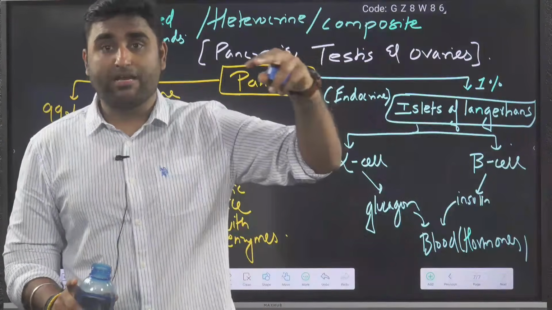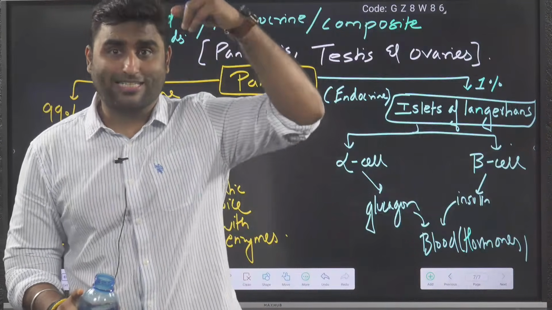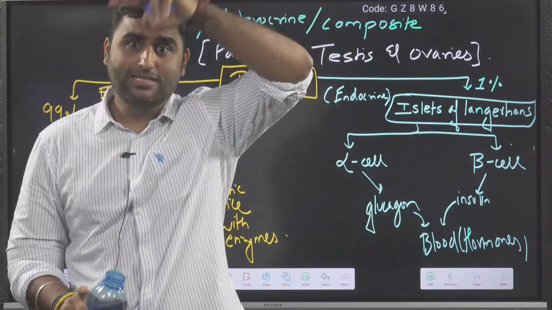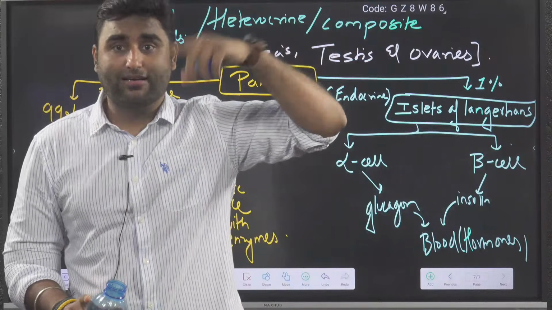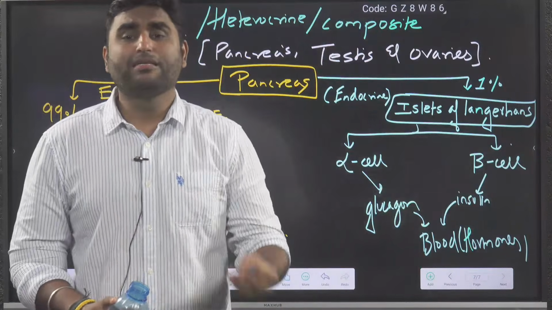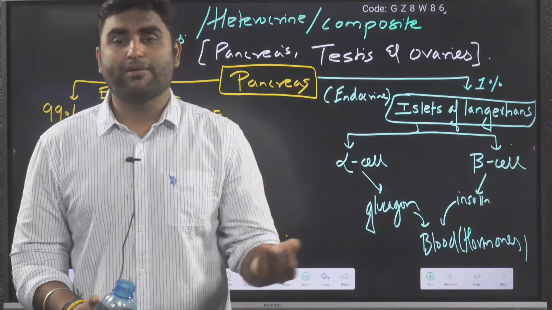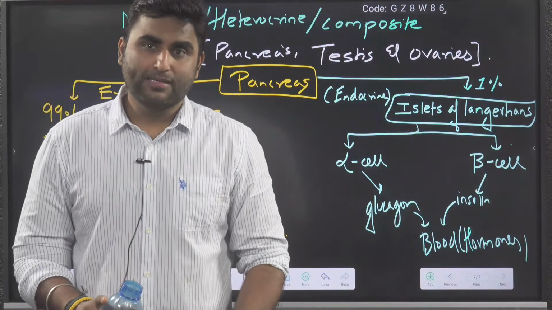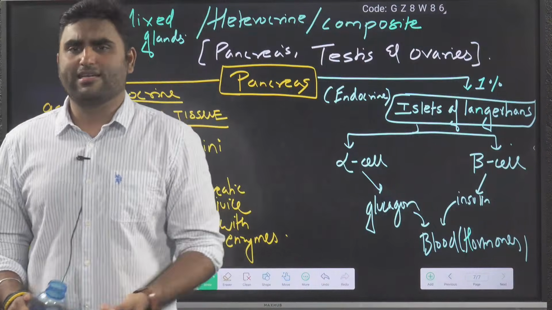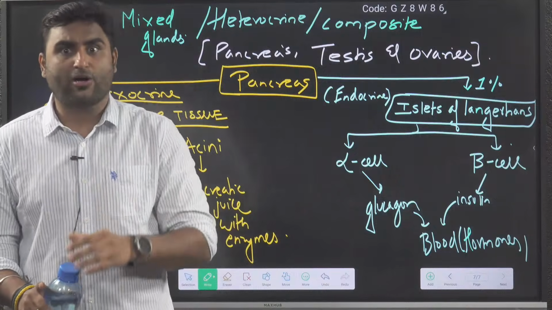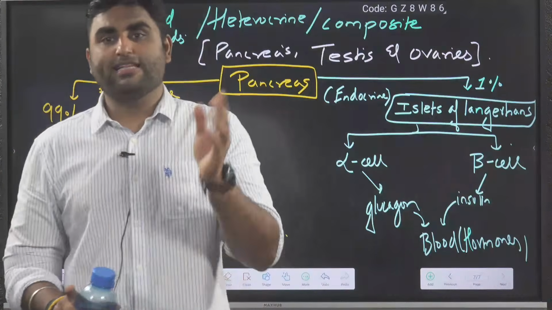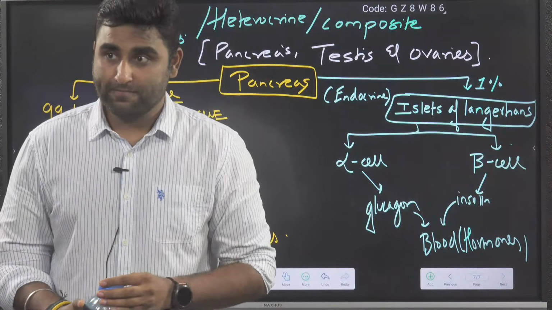Sperm produced in the seminiferous tubule, then they go to the rete testis, vasa efferentia, epididymis, vas deferens, then the seminal vesicle duct, ejaculatory duct, and then the urethra. So completely ductal system. Ovum travels in the fallopian tube. So sperm and ovum are the exocrine secretions. Sperm also contains some enzymes in the acrosome. So sperm is basically the exocrine part going in the duct.